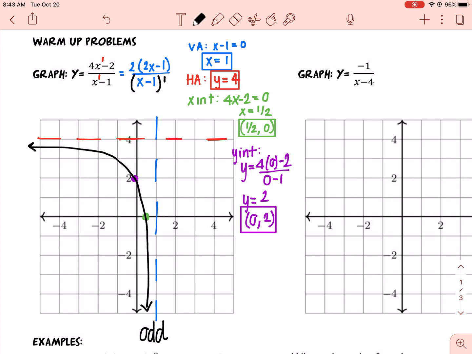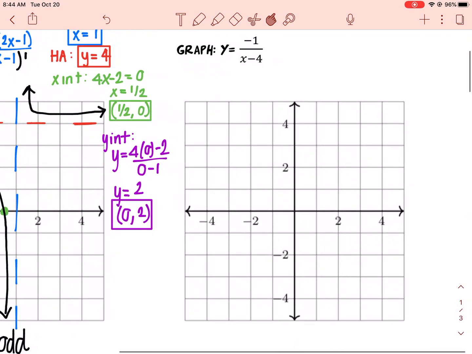Odd means you need to approach in different directions. So as I come from the left, I'm heading down, which means as I come to the right, I need to head up. So that would be my graph. If you would like to verify, maybe do an XY table, find a point in that top right area, but you do need both of those curves and the asymptotes. If you made any mistakes, please go back and correct them.